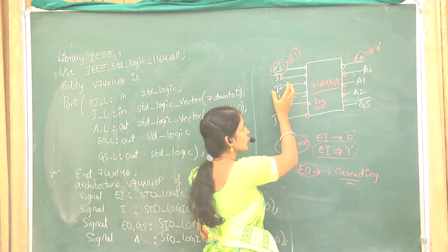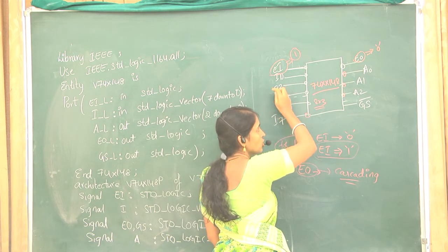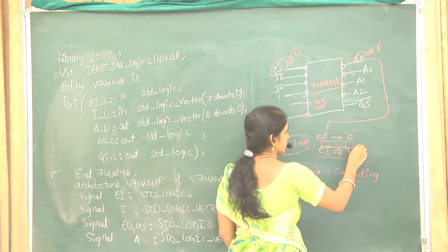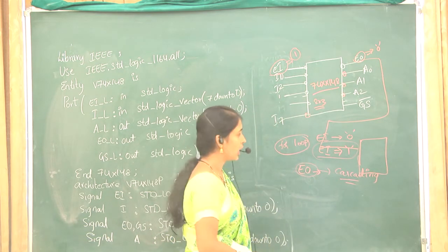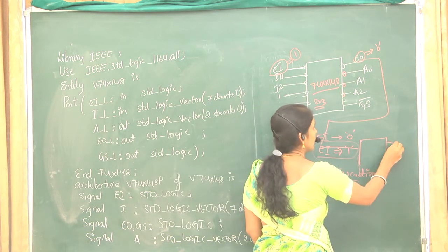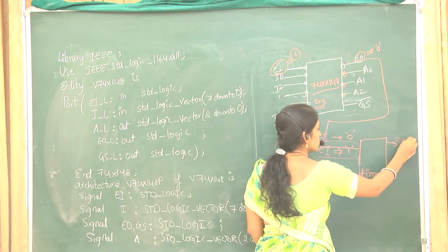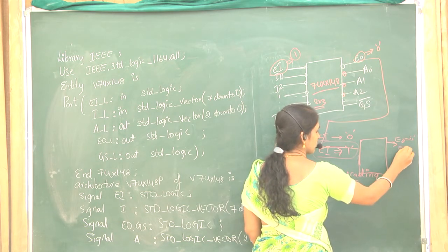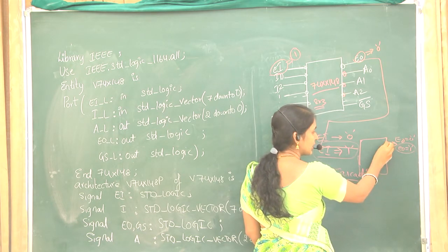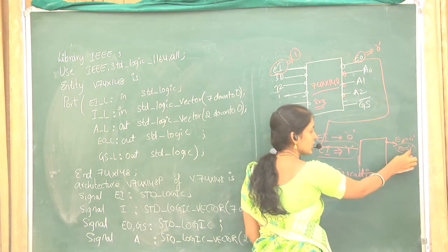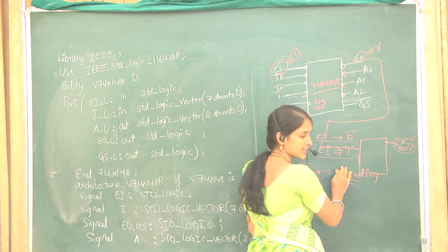That means your inputs are not available here, so you will go to the next chip if there are any inputs available in the next chip. Again it will check whether EO is equivalent to 0 or 1. If enable input is equivalent to 1, that means output enable is equivalent to 1, since it is active low, so there is no output assigned here.